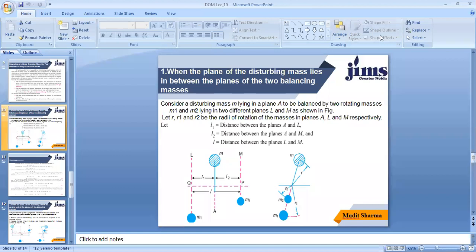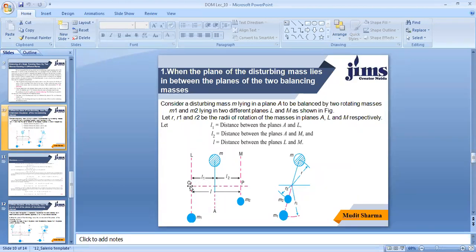Now I am going to take the moment at point Q, because I want to calculate the dynamic force at the bearing P of a shaft, this point. The moment of this one is 0.